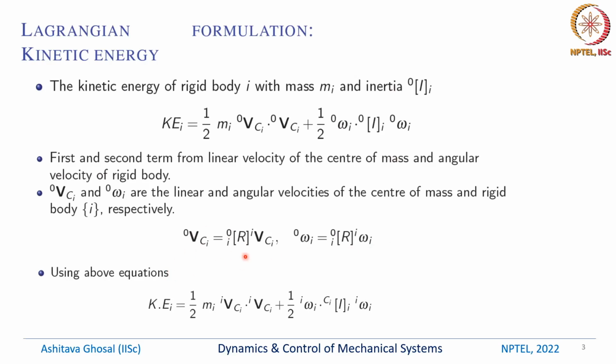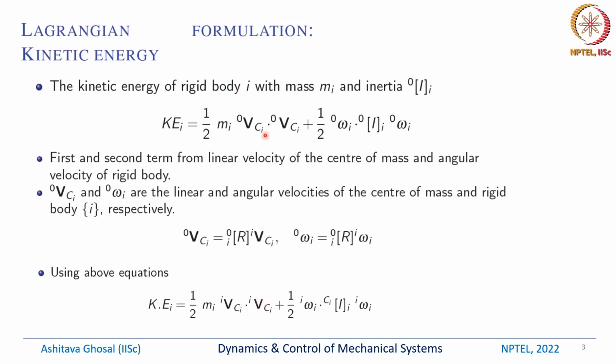So using the above equations, we can show that the kinetic energy of rigid body i, instead of writing 0 v_Ci, we can write i v_Ci dot i v_Ci, because this is basically a scalar, which is the magnitude of the velocity. This is also a scalar, which is the magnitude of the velocity of the center of mass.